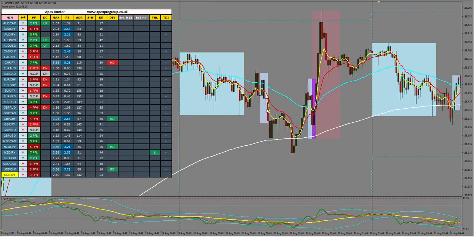So here we have a typical kind of type 1. We would see here that the price went below the Asian range, and then the major move of the day was to the upside. So price came out of Asia, stop hunted down to the 200 EMA to reset for this cycle to the upside on M15.